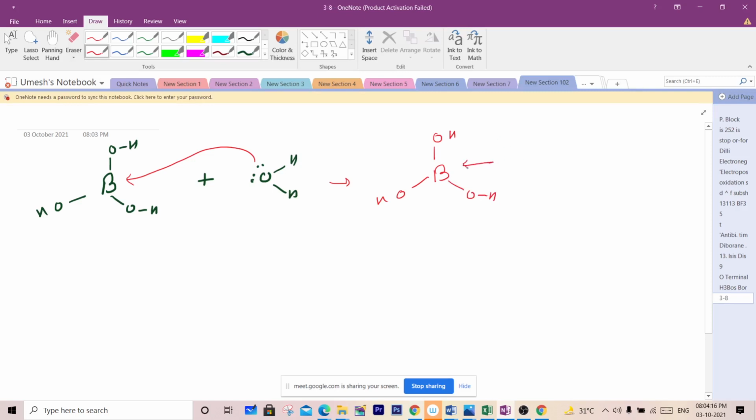It makes a coordinate bond here. Oxygen carrying a positive charge is unstable. It cannot take up the positive charge because oxygen is an electronegative element. So it gives the H positive ion from here, and it forms BOH4 negative plus H positive.